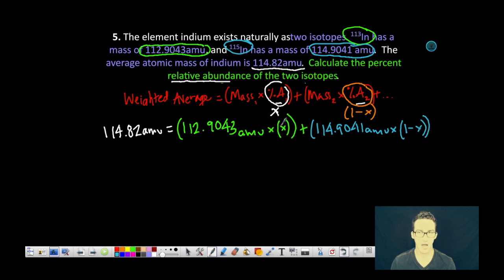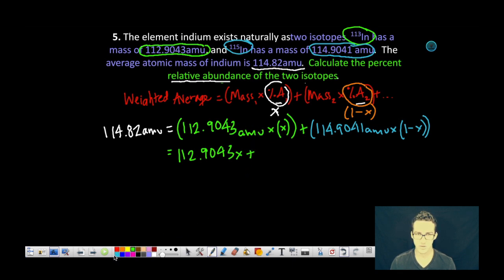Whoa. Okay, so now it's straight up algebra time. We're just going to simplify all of this. 112.9043x. Just going to multiply that number by x. I'm going to drop my units here to make this a little easier to understand.